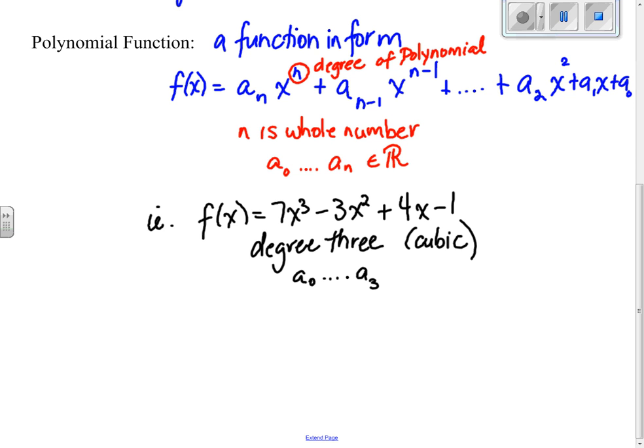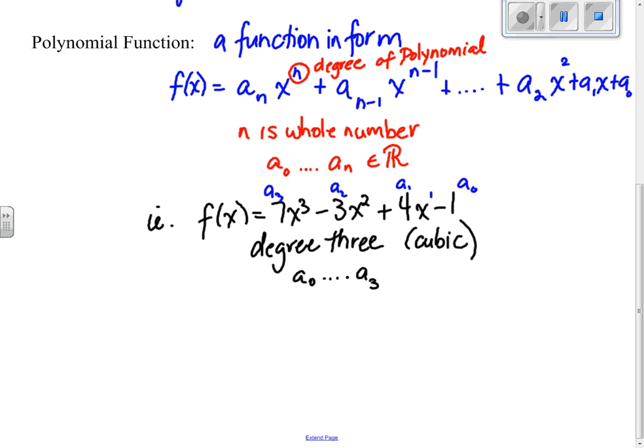Those are just fancy little terms. a_0 was the minus 1 at the end. The 4 is a_1 because it goes with x to the 1. a_2 is minus 3 because it goes with x squared. And a_3 is the 7 that goes with the x cubed. The 0th term is minus 1. The first coefficient is 4, and so on. They're just fancy names for them.